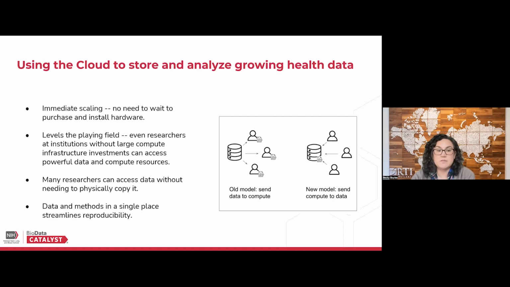By providing centralized expertise in architecture, we can help that democratization. Enable researchers to access data without downloading or copying it. This is really critical, I think, to where NIH is going. It is also very important as we think about data security, and provide methods and data in a single place so that we can move towards a more reproducible infrastructure.